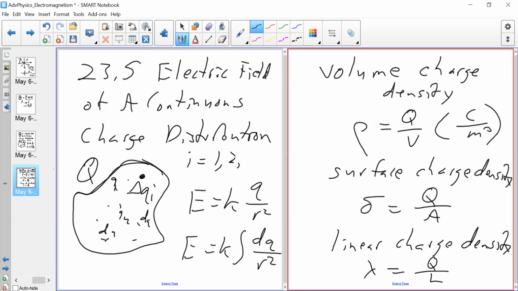We have to integrate in terms of the type of charge density that's there. Is it volume? Is it surface? Is it linear?